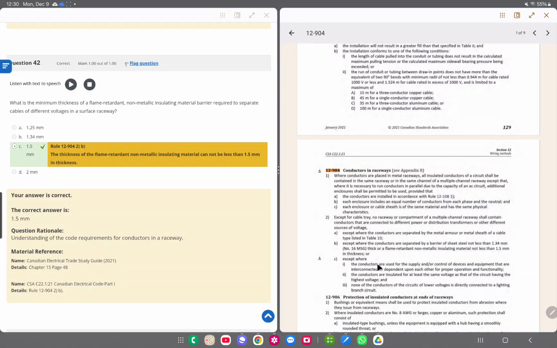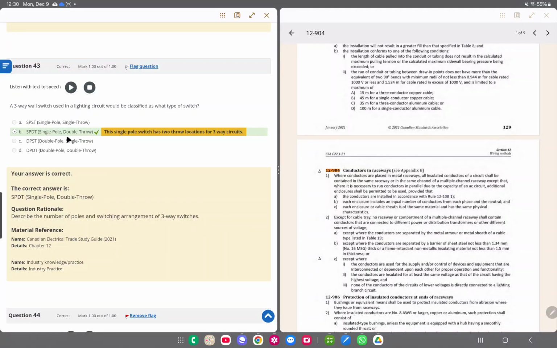We have here, except where the conductors are separated by a barrier, sheet steel not less than 1.34 thick, or a flame retardant non-metallic insulating material not less than 1.5. Answer being 1.5. A three-way wall switch used in a lighting circuit would be classified as what type of switch? It would be a single pole double throw. So this single pole switch has two throw locations for three-way switching.